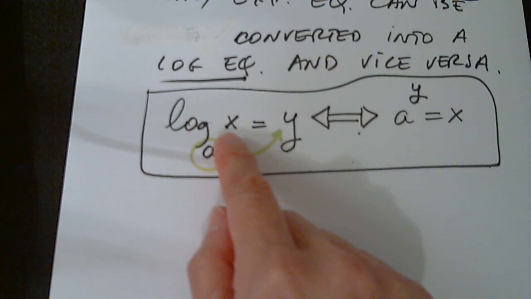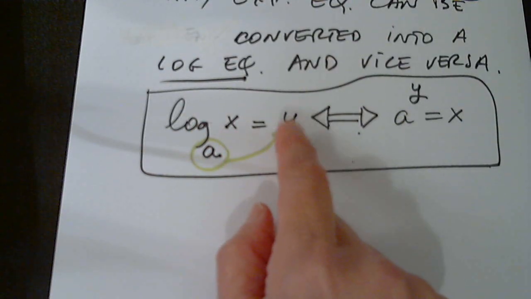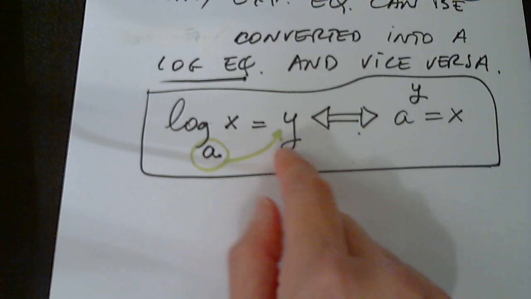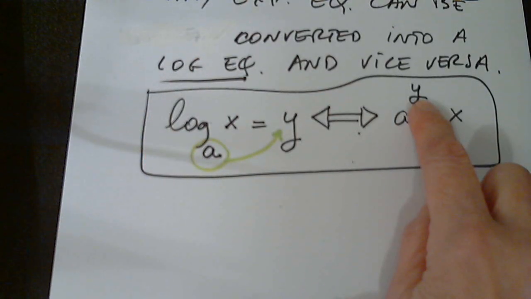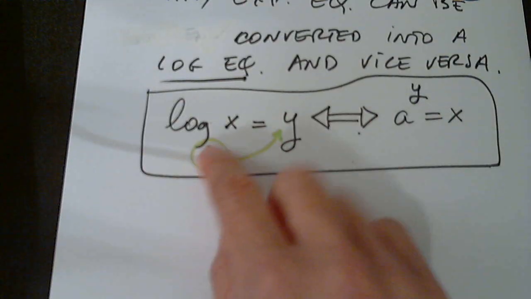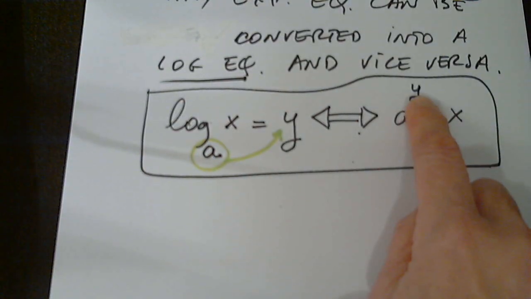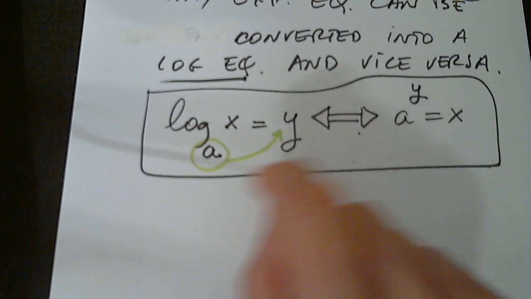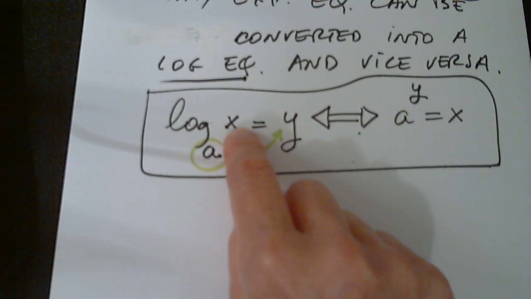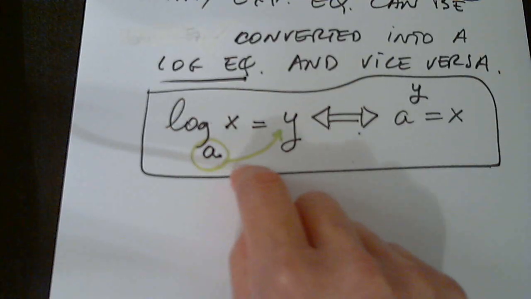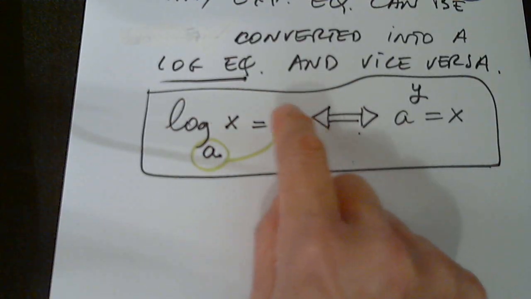Log base a of x is a number y. But what is this number? What does it mean? What does log mean? It's a power. Log is a power. What power? The power we raise the base to get x. The base is raised to this number to get x.